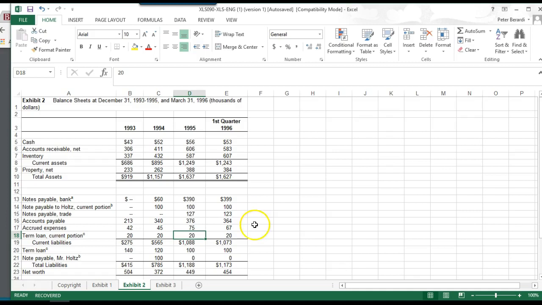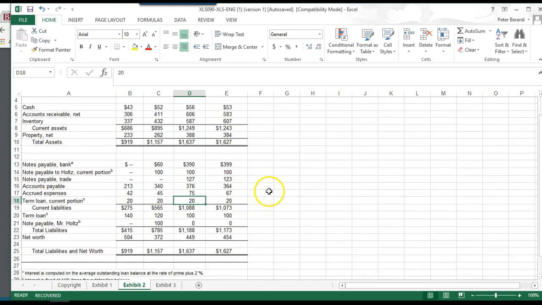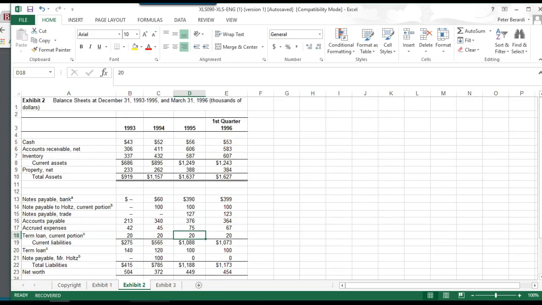So I would just schedule out your balance each month and project what the interest is going to be to come up with that.